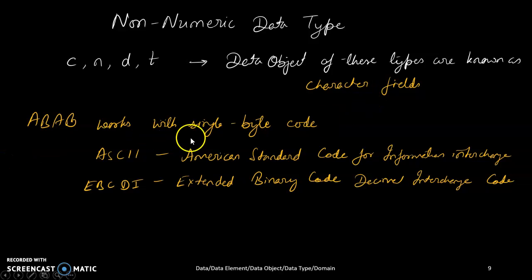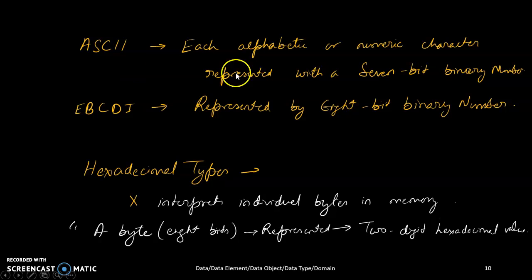ABAP works with single-byte, that is 8-bit, code. ASCII is American Standard Code for Information Interchange, and EBCDIC is Extended Binary Coded Decimal Interchange Code. ASCII uses 7 bits for exchange of code, and EBCDIC uses 8 bits. ASCII is for 7-bit binary numbers and EBCDIC is for 8-bit binary numbers.